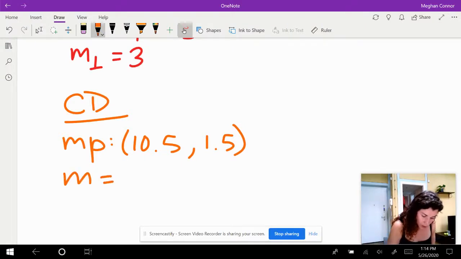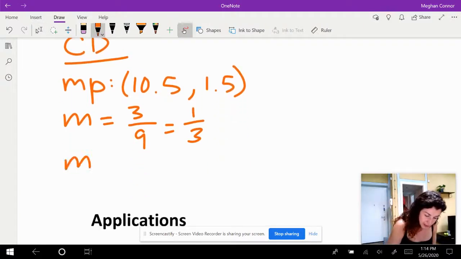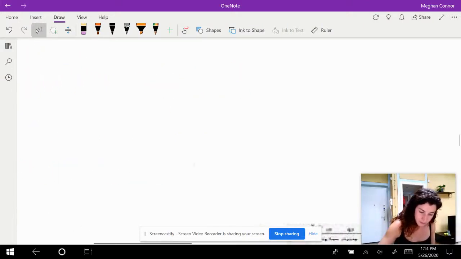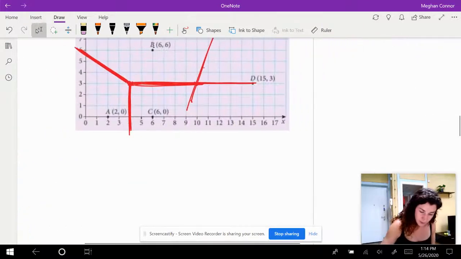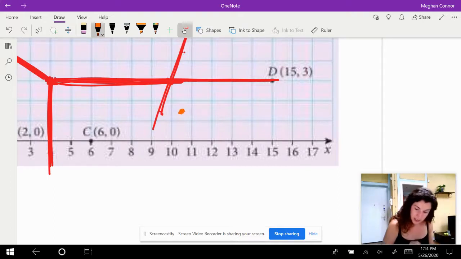Our original slope between C and D is 3 minus 0, so 3, over 15 minus 6, which is 9, so 1/3. So then the perpendicular slope for this one is going to be negative 3. So finding the midpoint, 10.5, 1.5 would be right here.